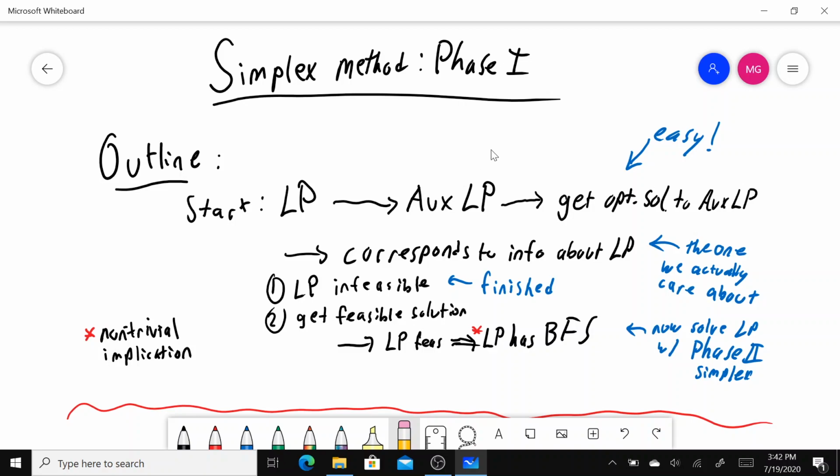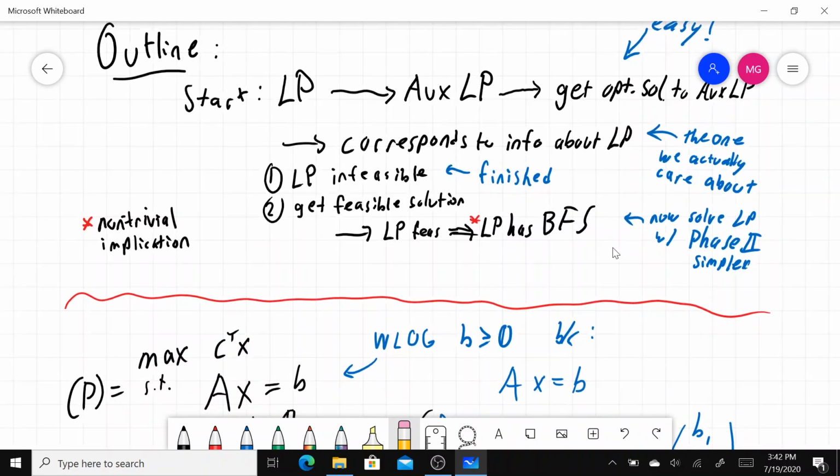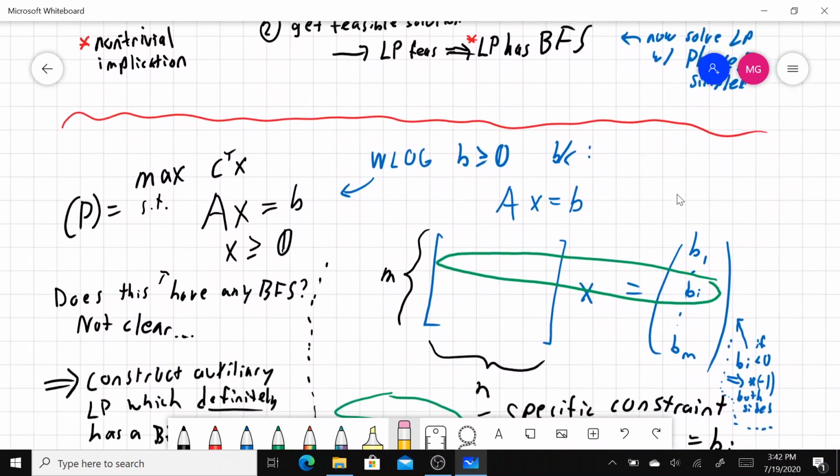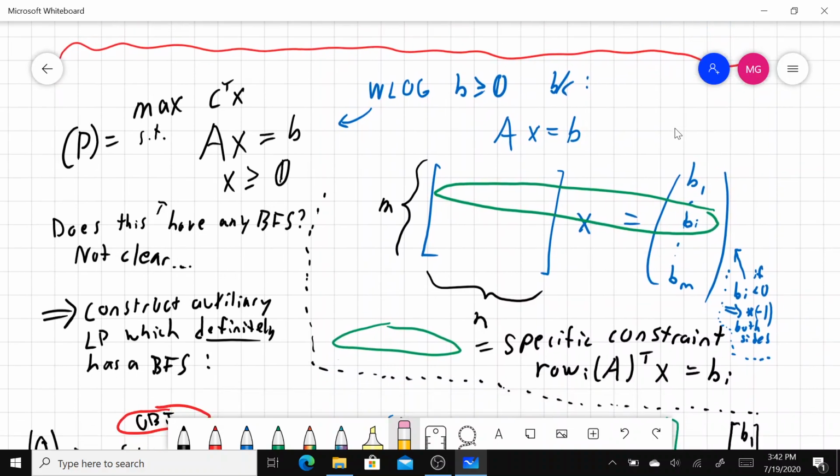So phase two gets used inside of phase one, but in a very particular way, because in this auxiliary you're automatically going to have a basic feasible solution. There's no work associated to that. So counterintuitive as the numbering may seem, 1 and then 2, the correct logical progression for introducing these things is 2 and then 1, because you need 2 inside of 1. Funny enough. So okay, let's go through the details of that.